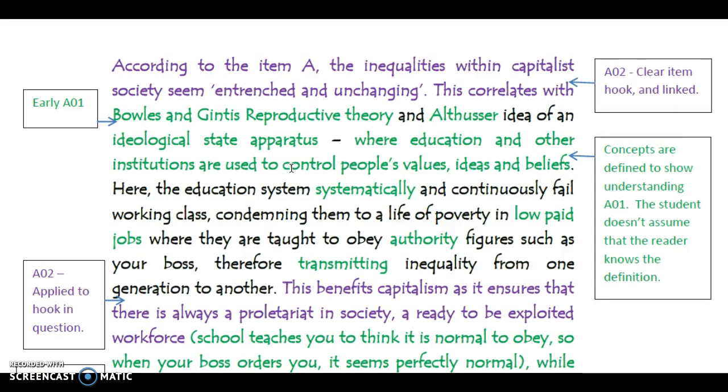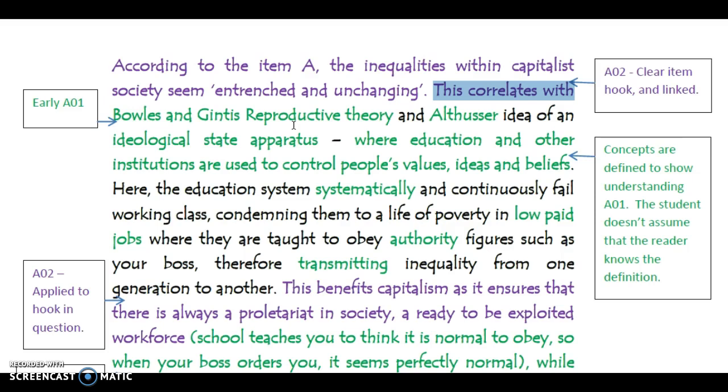So this student starts off with the item hook. It's very clear, and what I've highlighted here as well is that it starts to link. This student is showing there's a correlation between the fact that society is entrenched and unchanging, so it makes sense to talk about Bowles and Gintis' reproduction theory, that capitalism is reproducing working class workers.